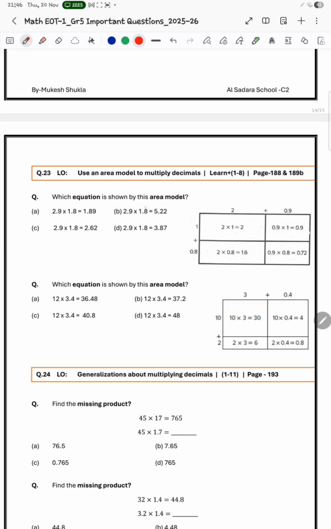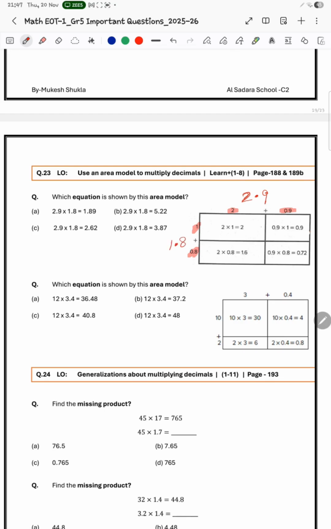Which equation is shown by the area model? So you can see this is the area model. So one dimension is 2 and 0.9, that is, 2.9, and another dimension is 1.8.